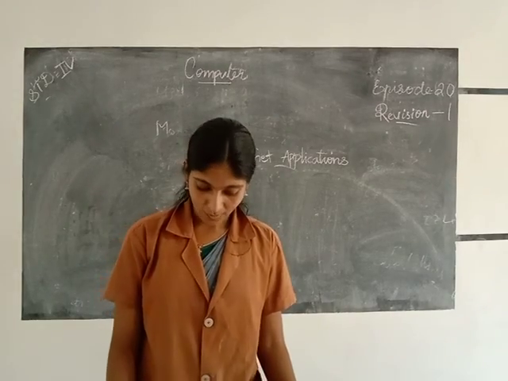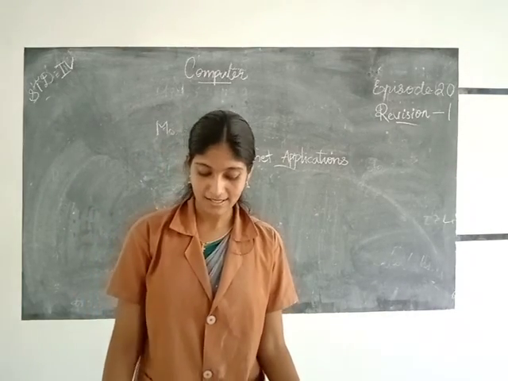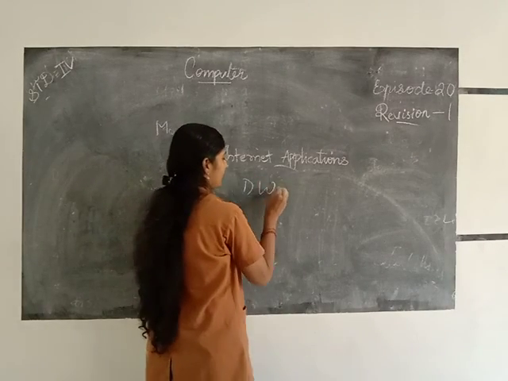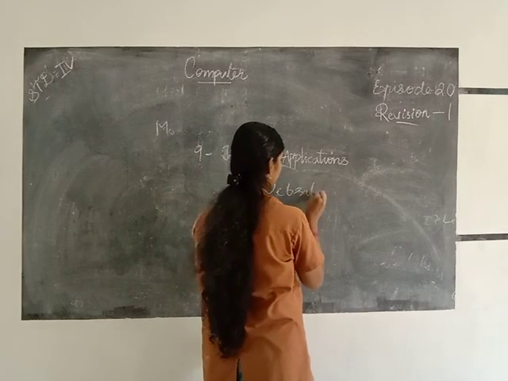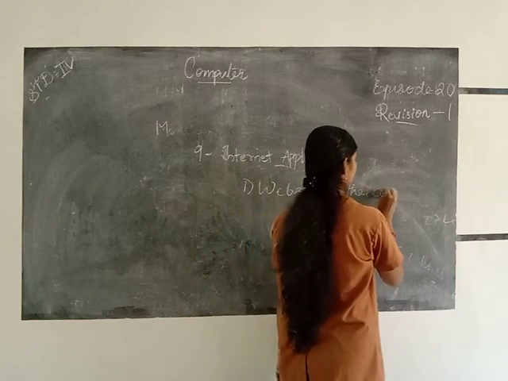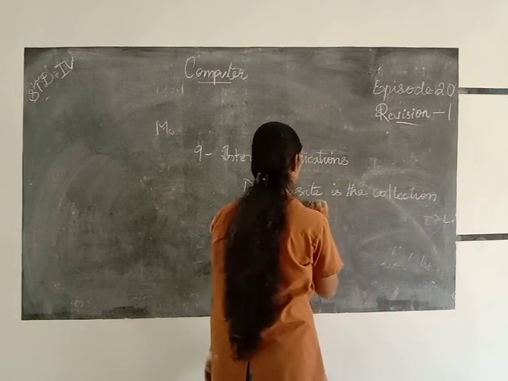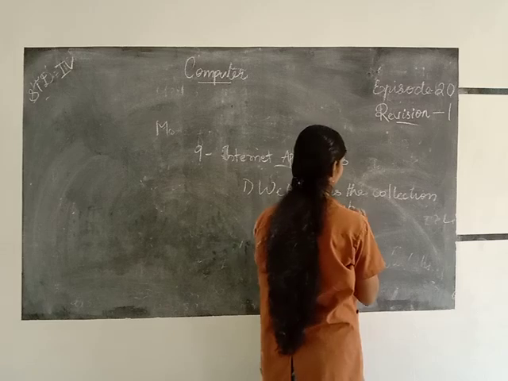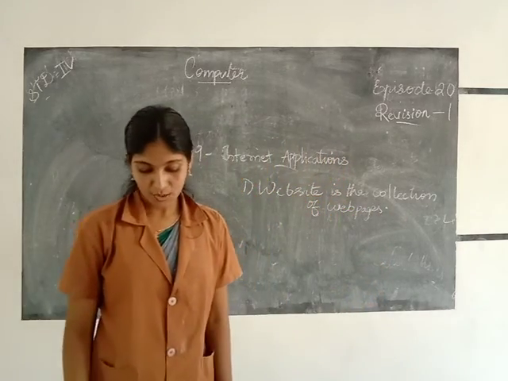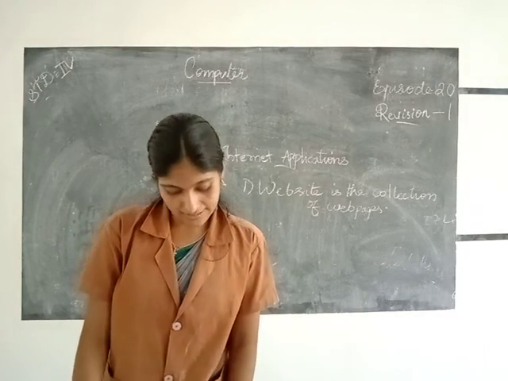First one, what is a collection of web pages? Website. So the first point is that a website is the collection of web pages. Then next one, URL is basically the address of the internet document.